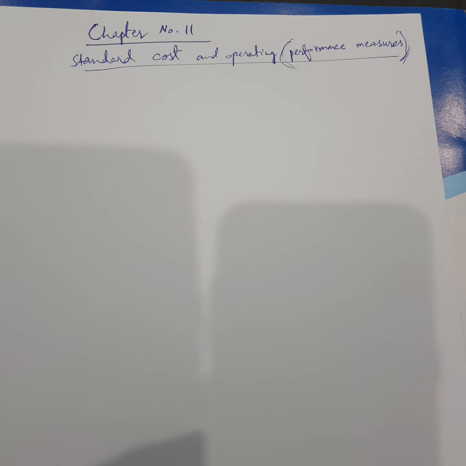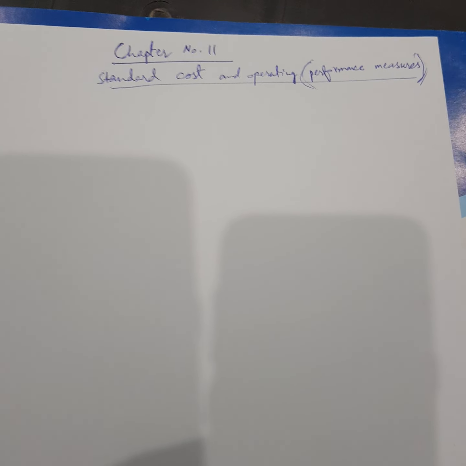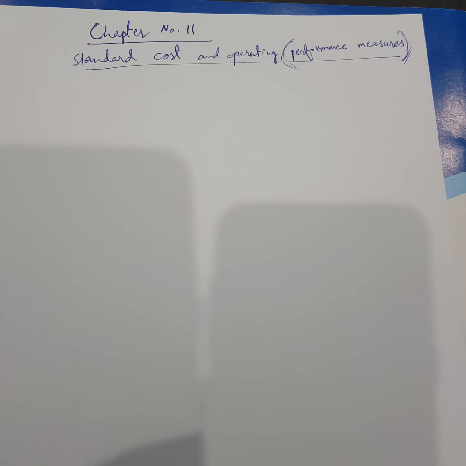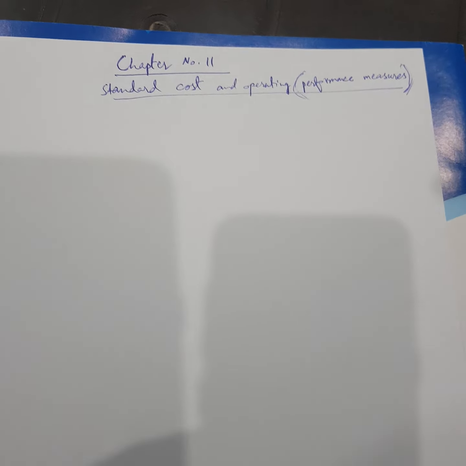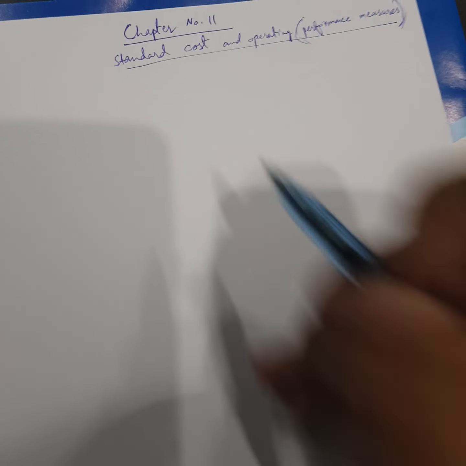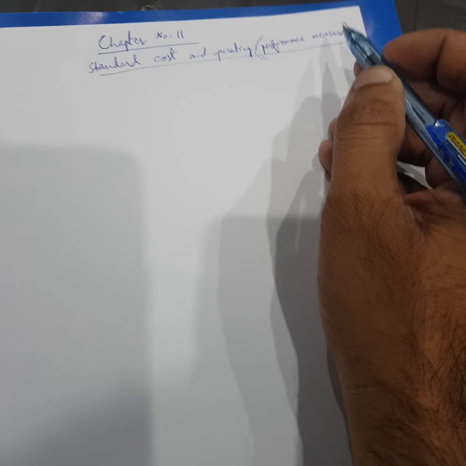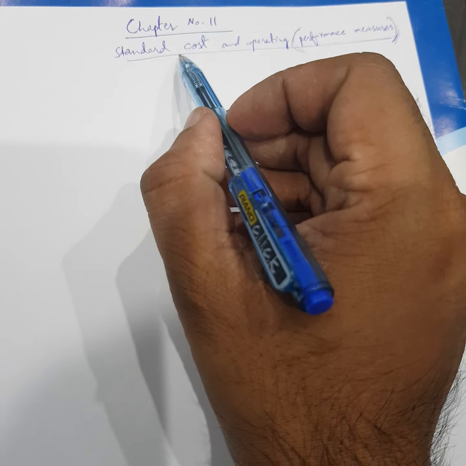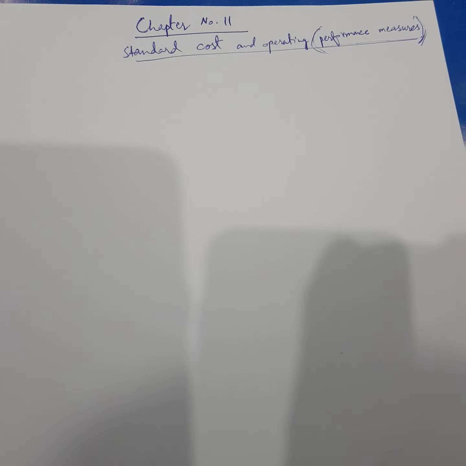If those results are not up to the mark, then we will perform corrective actions, and on the basis of those corrective actions, we can improve our performance and get it up to the mark. We will continue this topic by discussing standard cost and operating performance.